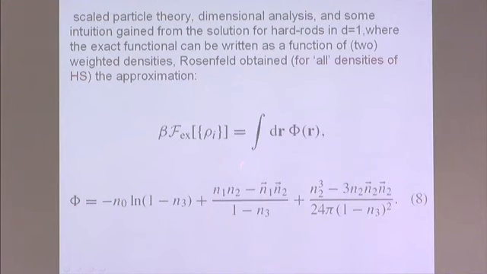And he found this. So he found, well, this is the postulate, that for arbitrary densities, you can write it in terms of an integral over this function, and this function just depends upon these weights through this. So these are the weighted densities, these n. So this is a sort of guess at how you go from low densities to high densities.